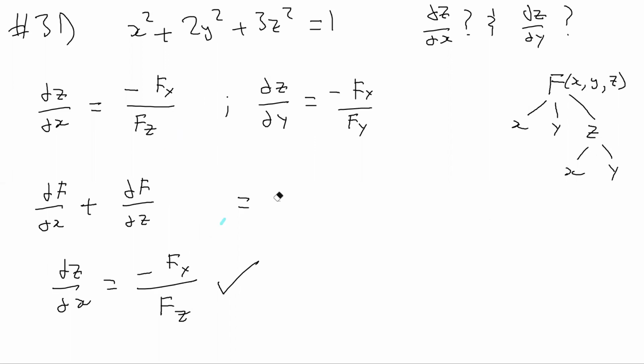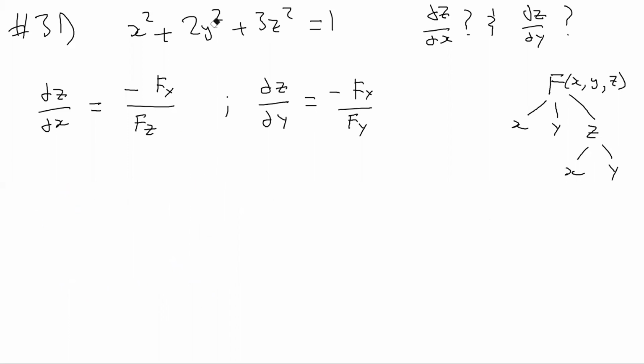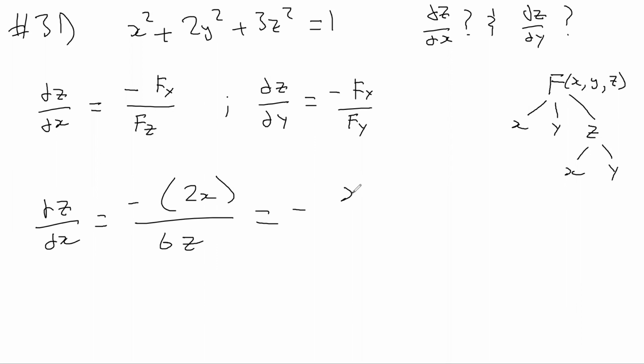Okay, let me erase. Just using this formula right here, dz over dx is equal to negative f sub x, which is 2x, over f sub z, which is 6z. So that's negative x over 3z. And again, f of x, y, z has to be equal to 0.